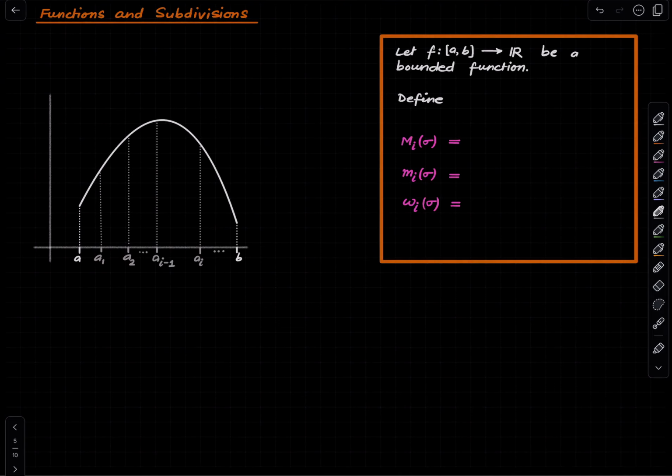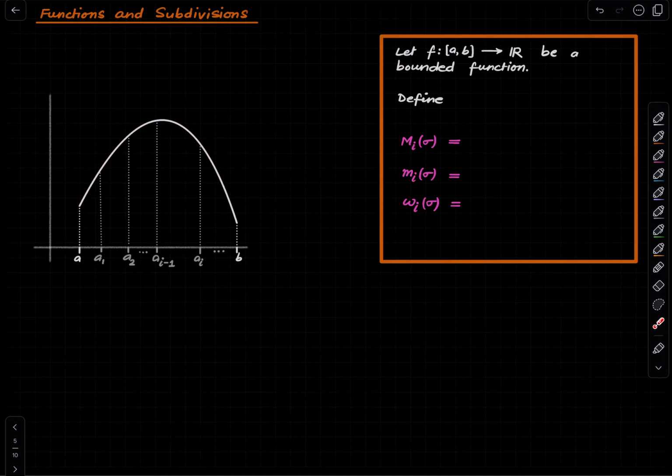So now slowly we'll be going towards functions. After all, we want to talk about area under the curve. So we need to talk about functions. So fix a bounded function on the closed interval a comma b. One such function is drawn here. I've drawn a continuous function, but it doesn't have to be continuous.